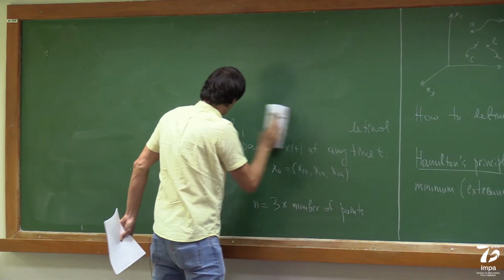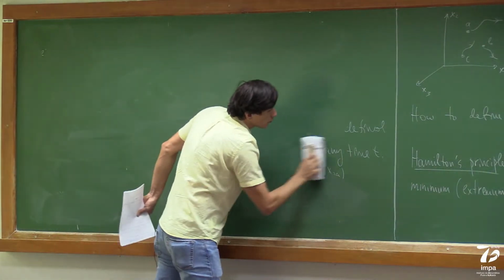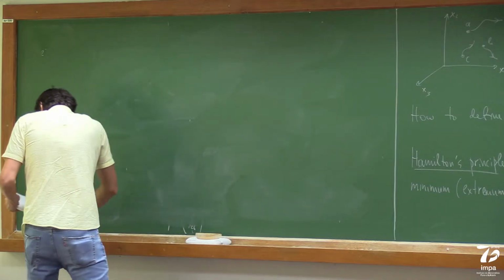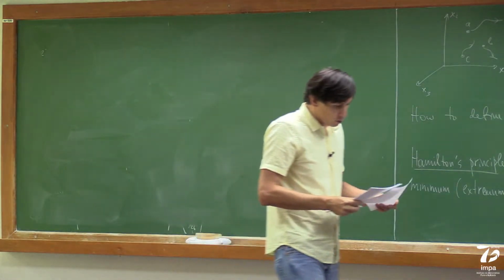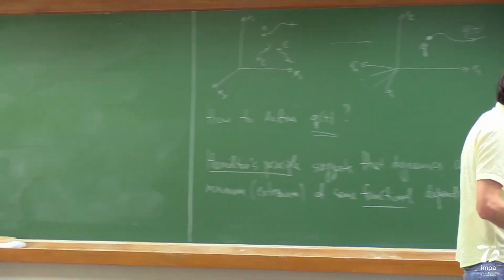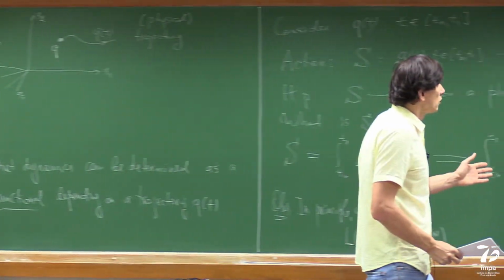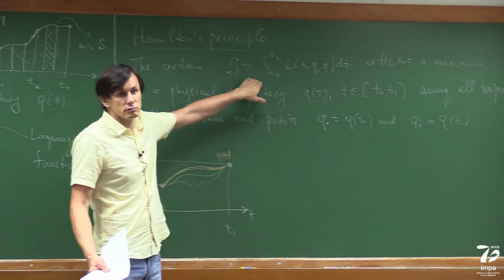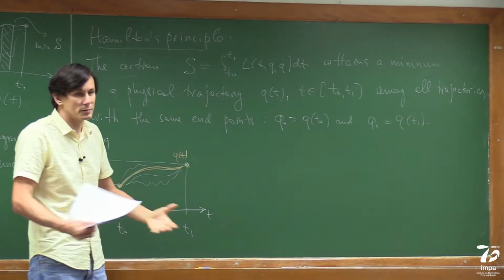So now we can start becoming more concrete. And there are two questions that we will have to answer. So first, what this minimum principle gives us, how especially it describes the dynamics.